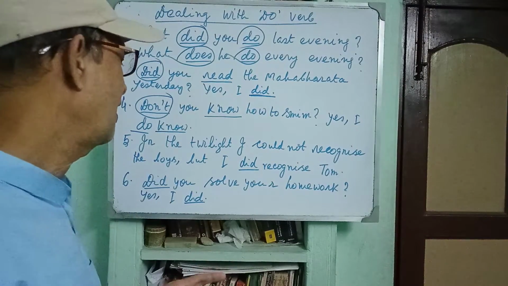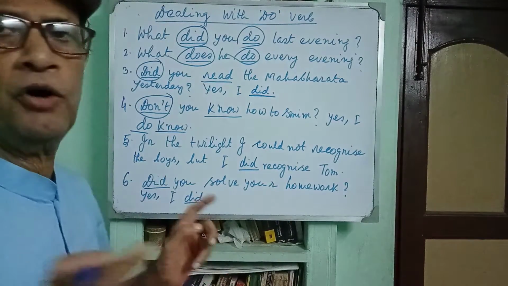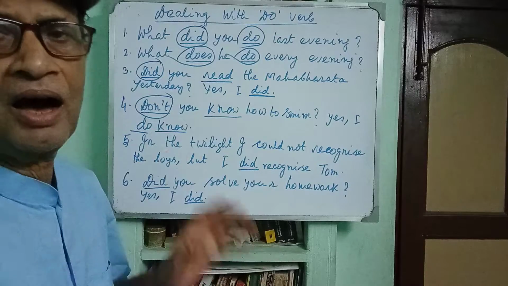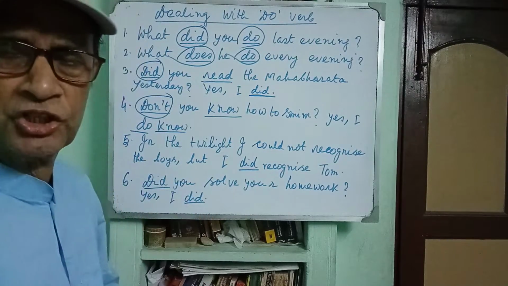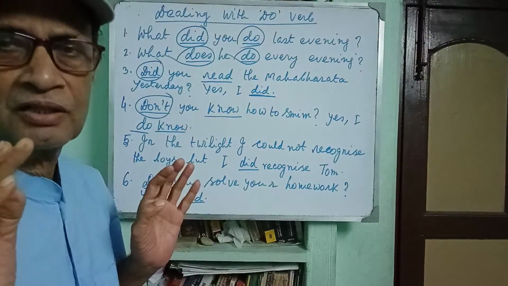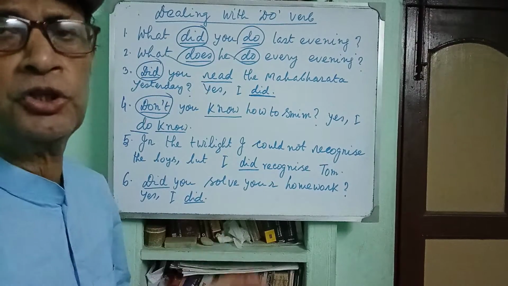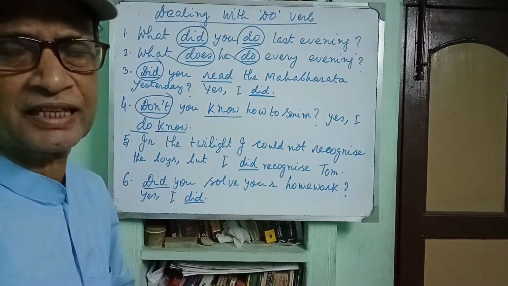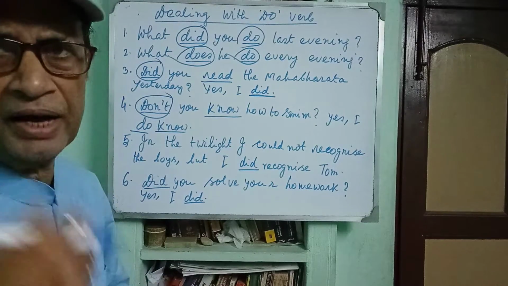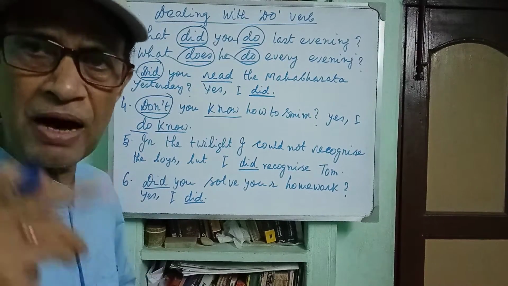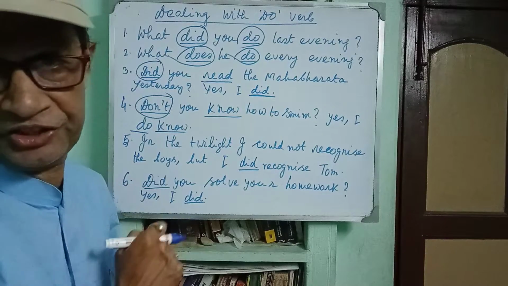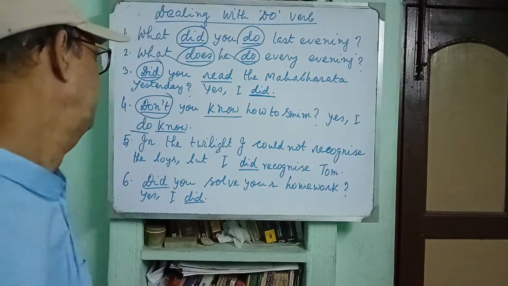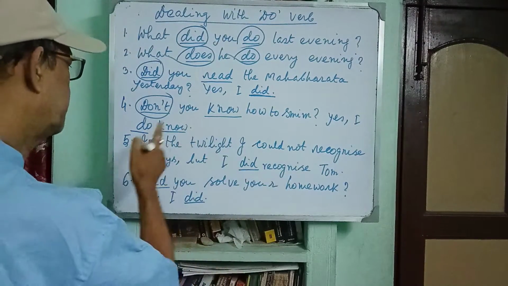That means I must know, or certainly I know how to swim. This long drawn sentence can be avoided by using do to give emphasis. Remember it. Yes, I do know.